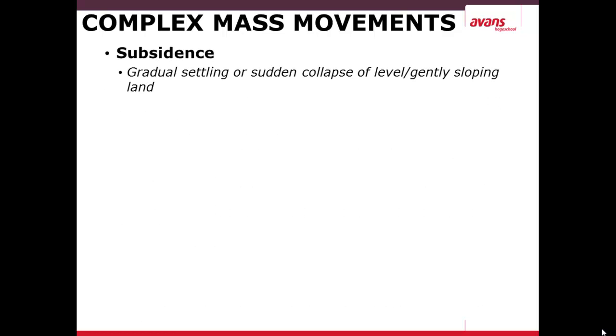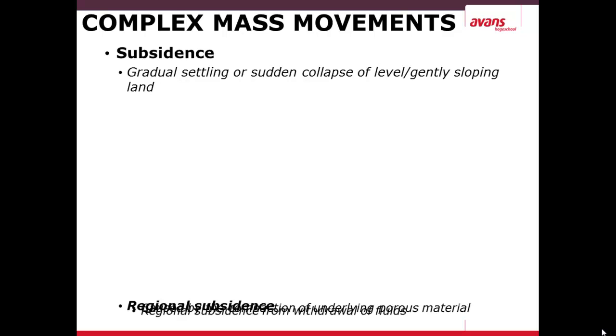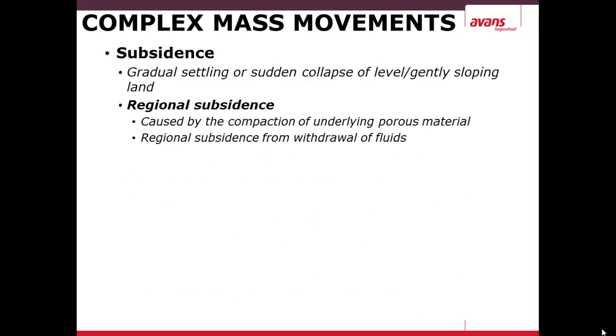Subsidence is a mass movement of land. They can be gradual or a sudden collapse. Regional subsidence is caused by compaction of underlying porous material. That's to say, the withdrawal of fluids, so the pumping out of water, underground water.